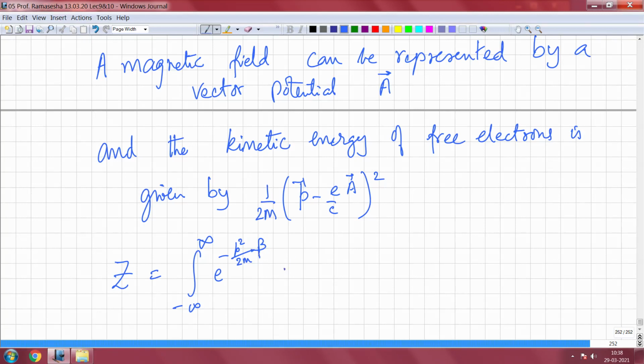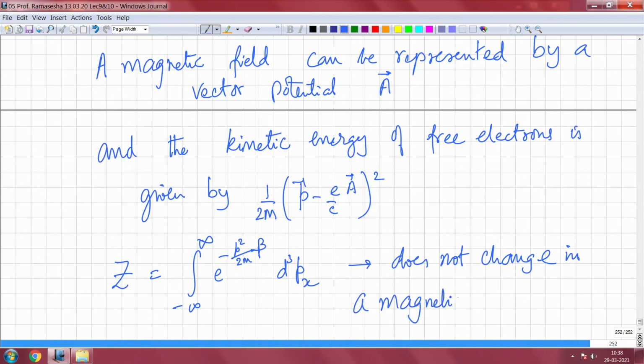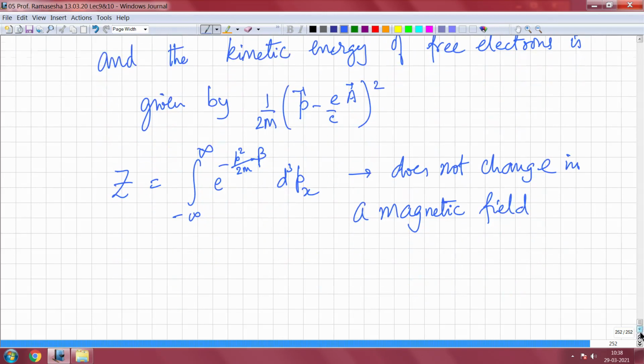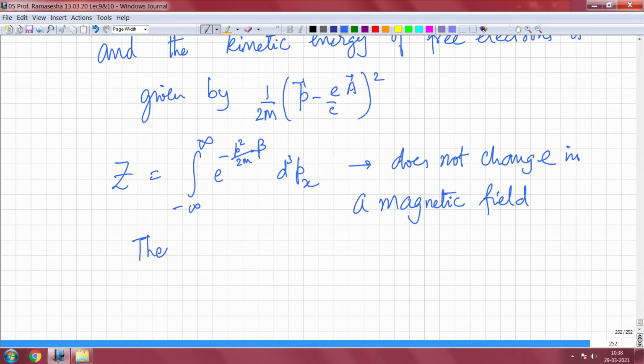So, this one, d³p, does not change in a magnetic field, and hence there is no magnetic response. Therefore, no magnetic response from free electrons, from classical free electrons.